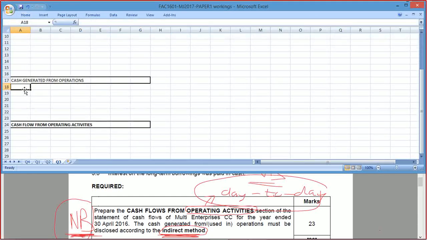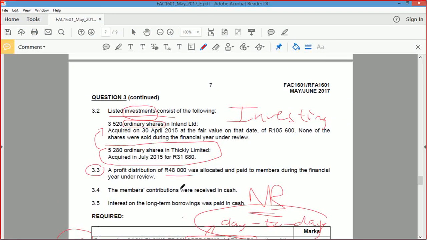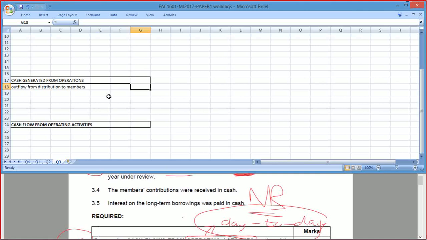After the subtotal, you write down outflow from distribution to members. They gave it to you in the question, so you don't have to calculate anything. 48,000 was allocated and paid. See, there's the word paid. Paid means outflow. So you definitely paid 48,000: minus 48,000, red, bad, in brackets.